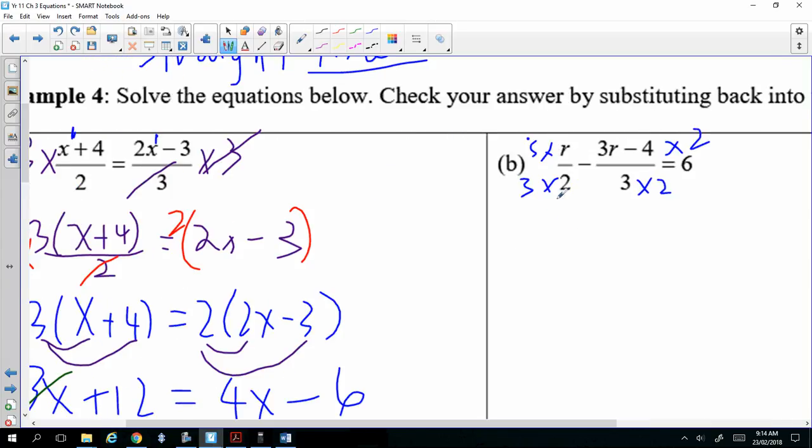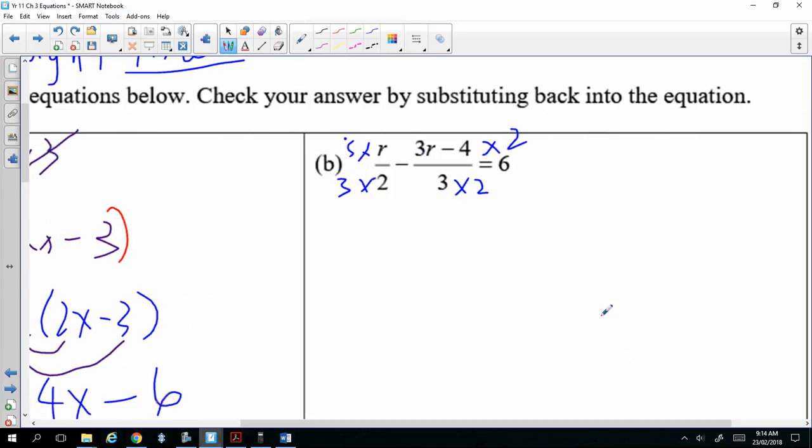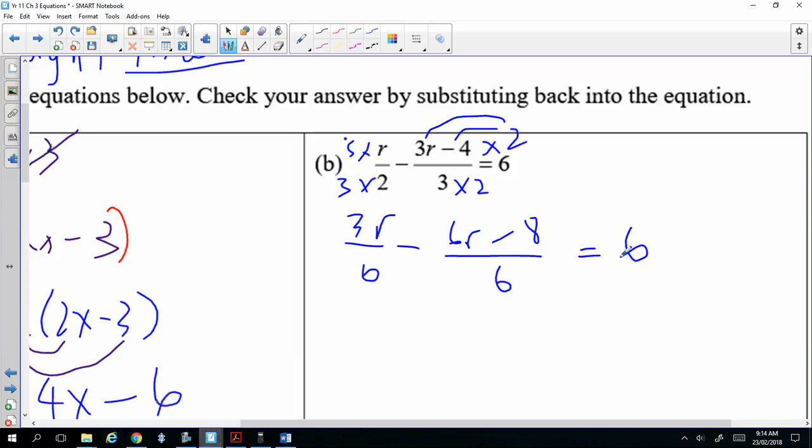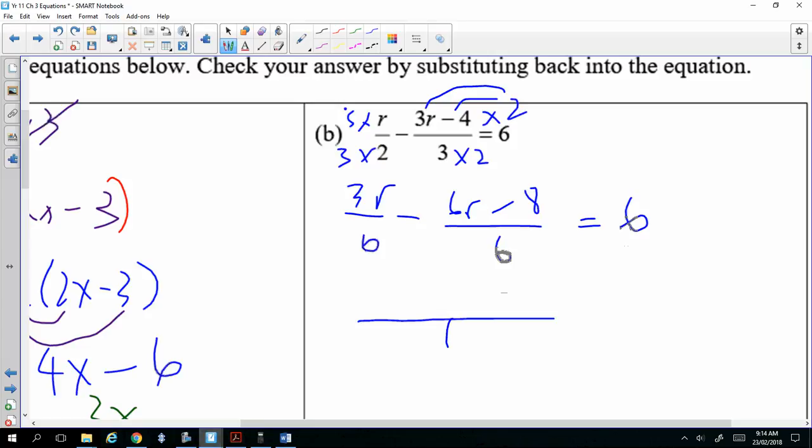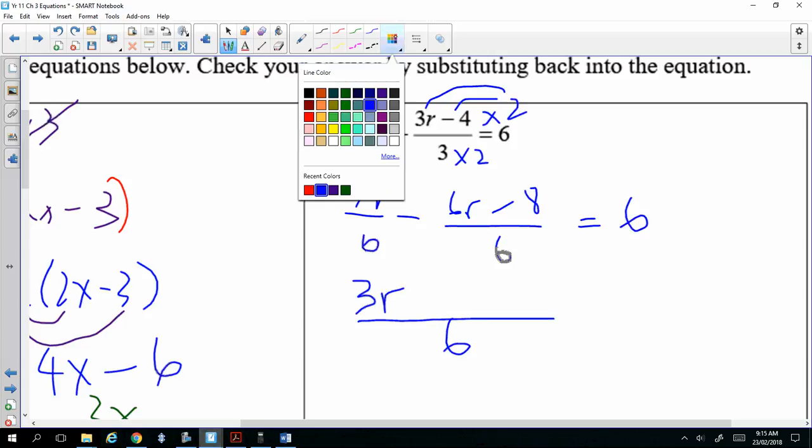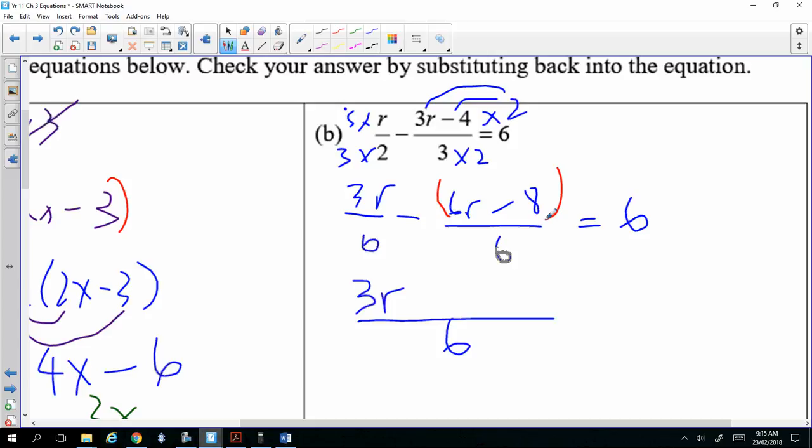Alright, so you get 3r over 6 minus 6r minus 8 over 6 equal to 6. And then you have to make them the same denominator. But be very, very careful. There is an invisible bracket, especially when there's a minus. So if you make a common denominator, you must expand this.